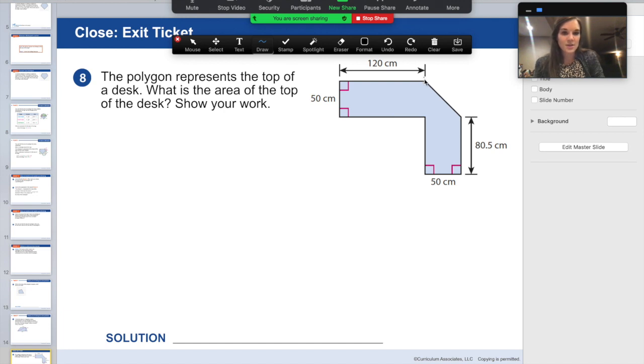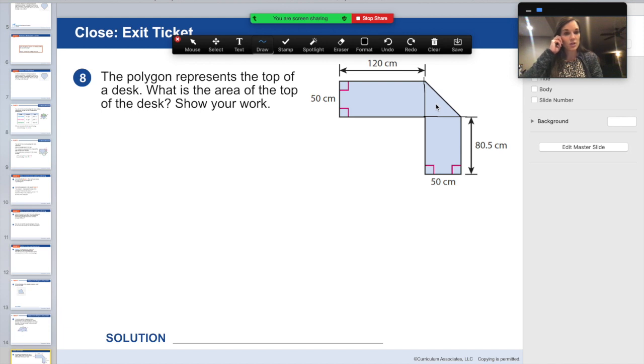So we will split it into, here is a rectangle, and we'll split this one into a triangle. So now we have a triangle and 2 rectangles. You're probably going to want to use a calculator for this because looking at these. So grab a calculator.